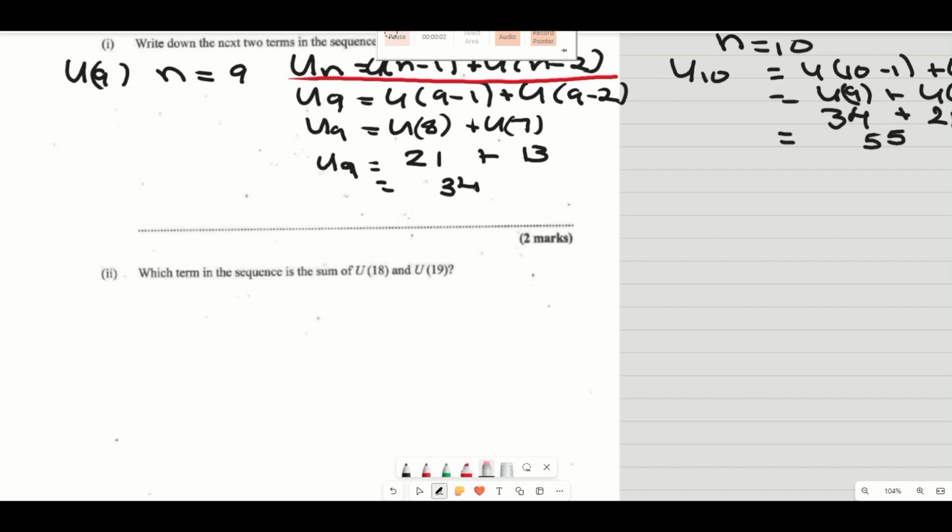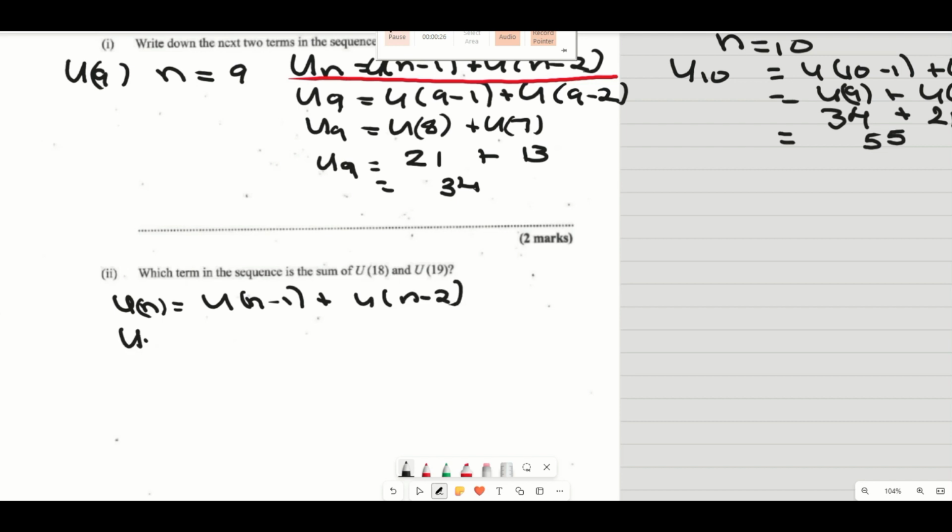Part 2 says, which term in the sequence is the sum of u18 and u19? Again, we know that un is equal to u(n minus 1) plus u(n minus 2).